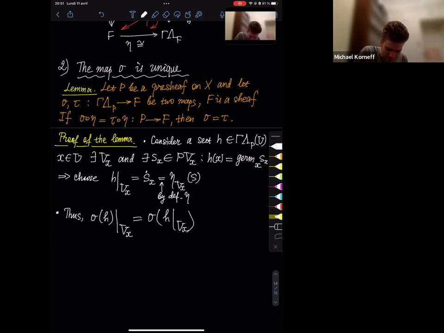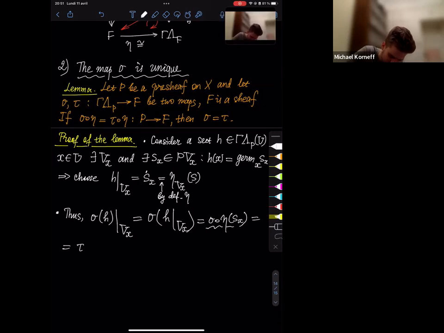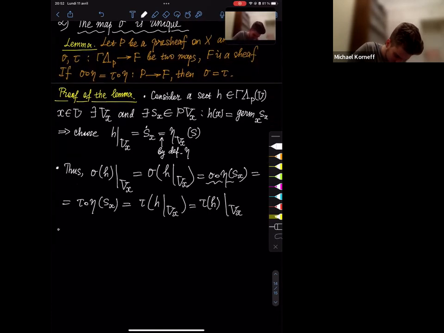This is by definition, and equals sigma eta of Sx, and this by definition of eta equals this composition, and we can replace this composition by this one, tau eta of Sx, and in the same way equals tau of H restricted to Vx.